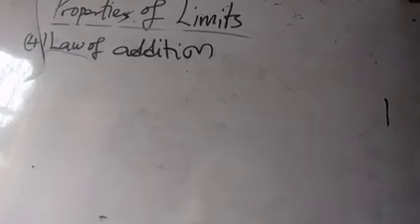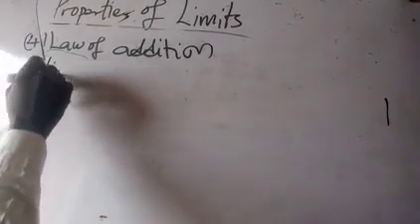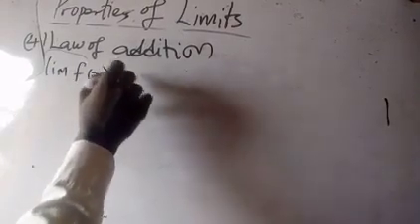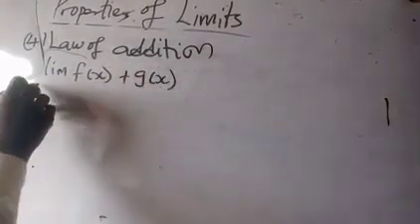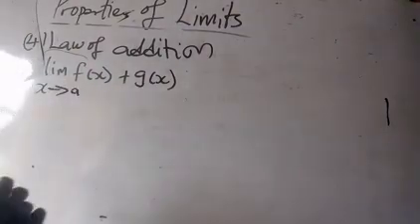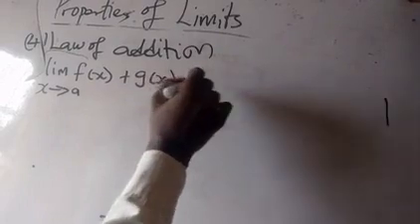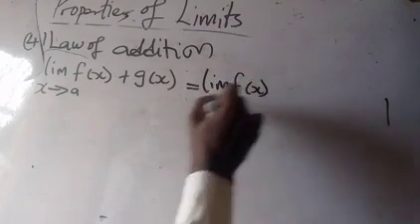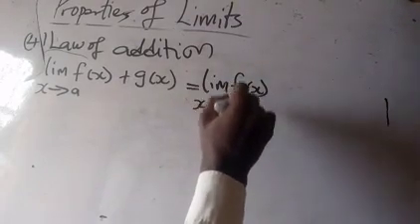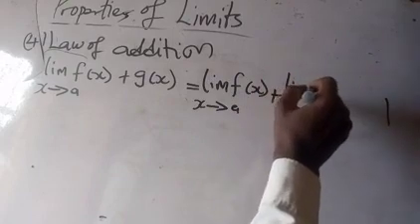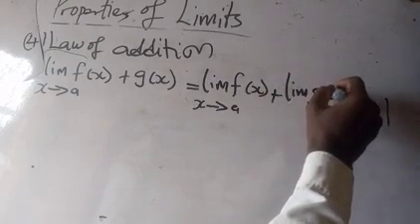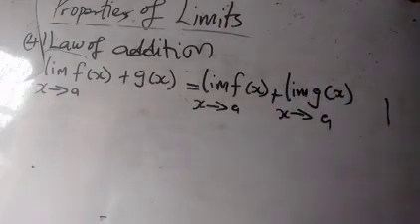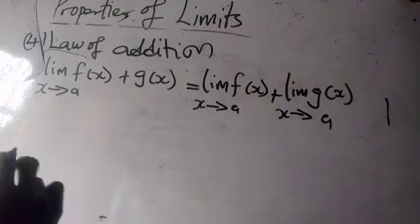Let us look at the law of addition. The limit of f of x plus g of x as x tends to a is equal to the limit of f of x as x gets to a plus the limit of g of x as x tends to a. And let's look at an example.